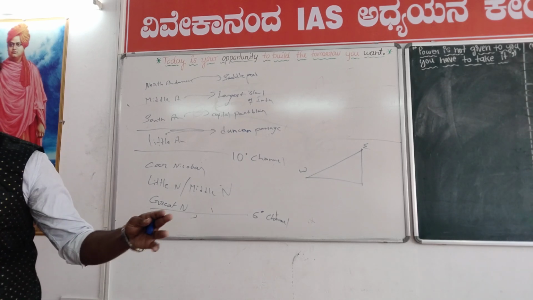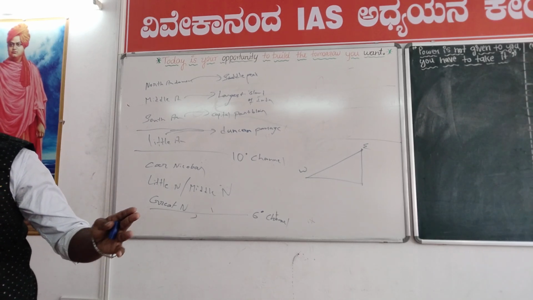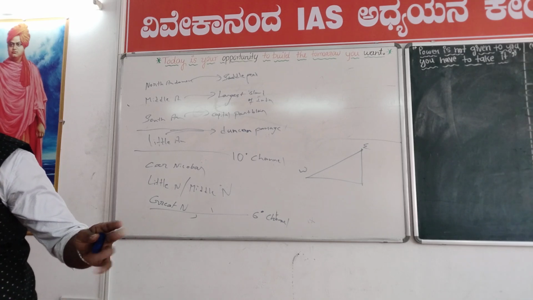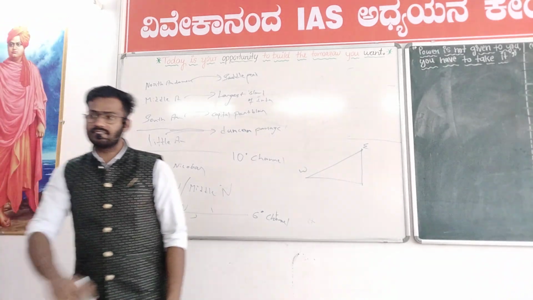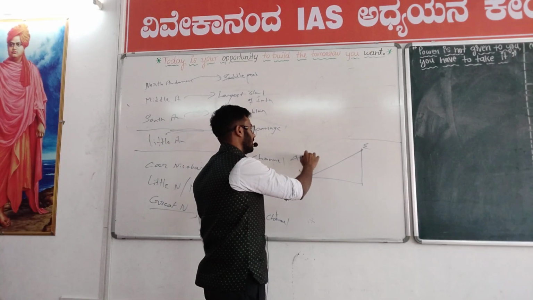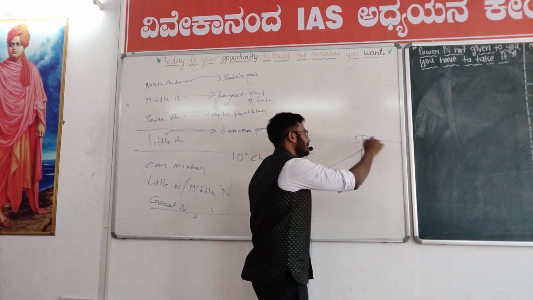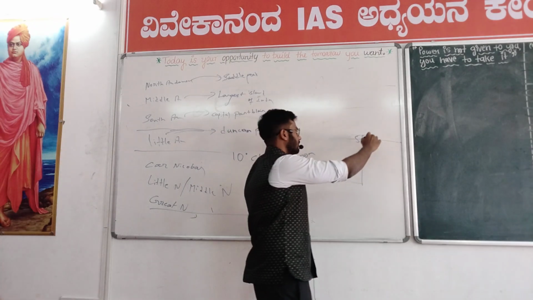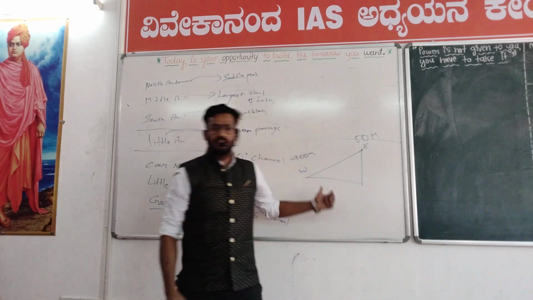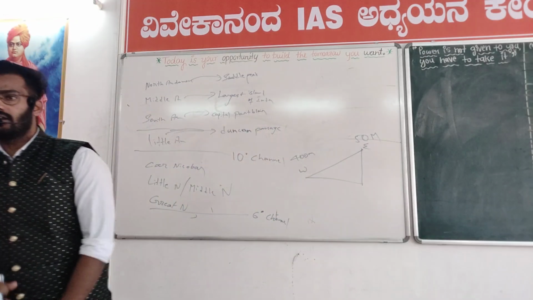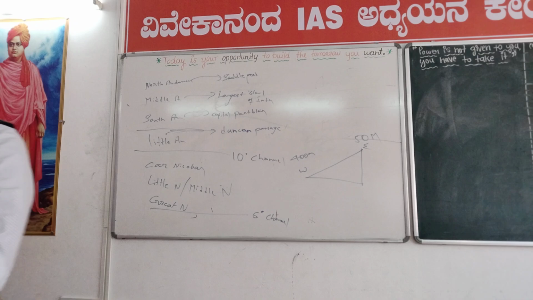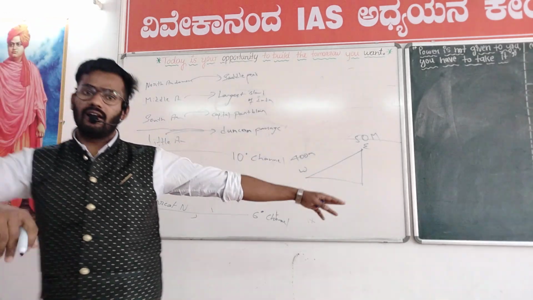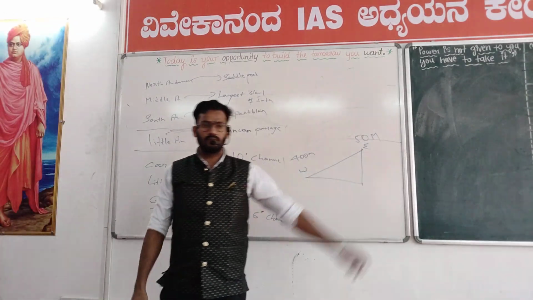But in terms of width, in the western side it is 400 meters, here it is just 50 meters. That means in terms of width, the western Himalaya are comparatively wider. In terms of height, the eastern Himalayas have the highest peaks.